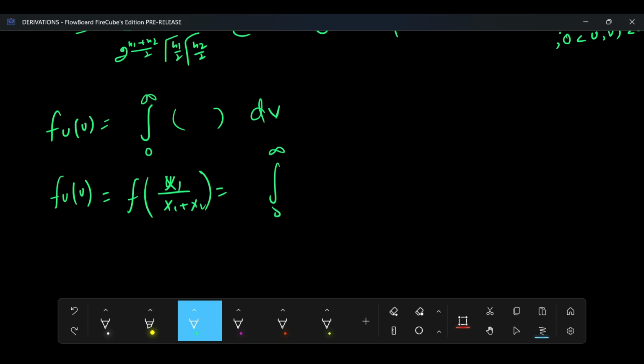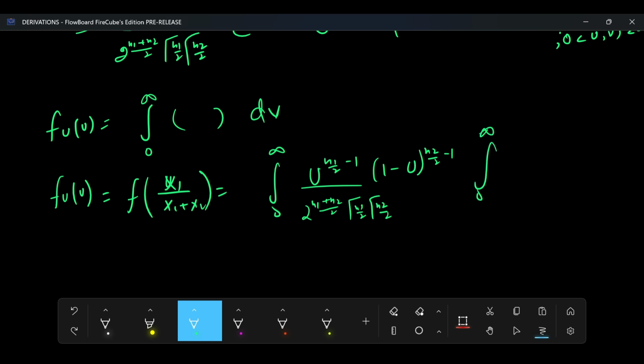This is equal to u to the power n1 divided by 2 minus 1, divided by 2 raised to the power (n1 plus n2) divided by 2, gamma n1 divided by 2, gamma n2 divided by 2, 1 minus u to the power n2 divided by 2 minus 1, integral from 0 to infinity of e to the power minus v by 2, v to the power (n1 plus n2) divided by 2 minus 1 dv.